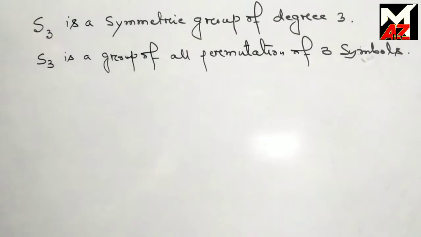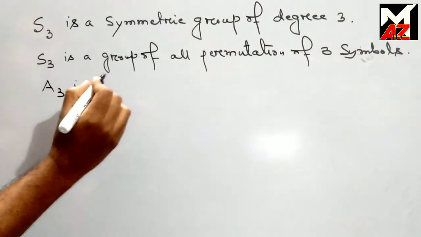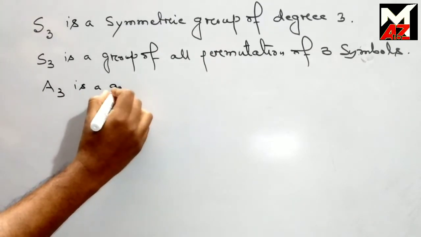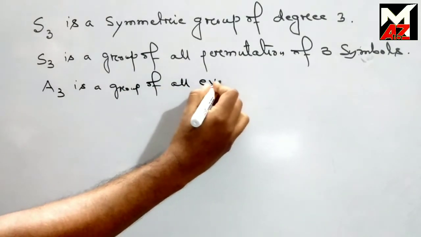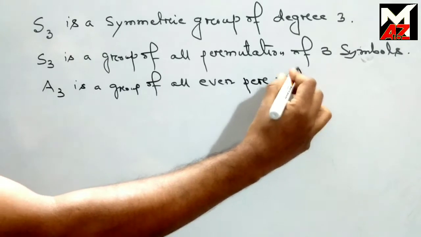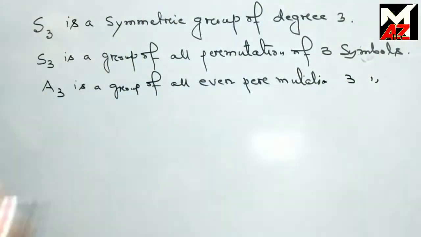Also, we know that A3 is a group of all even permutations of 3 symbols.